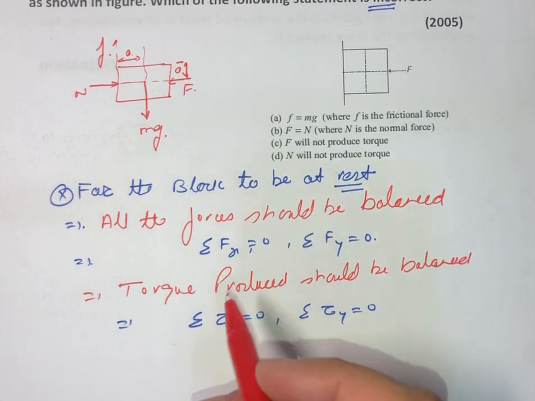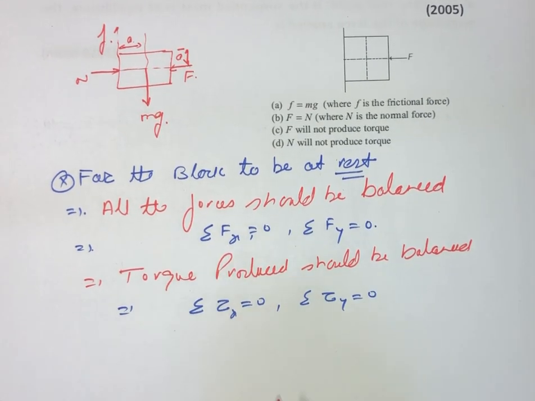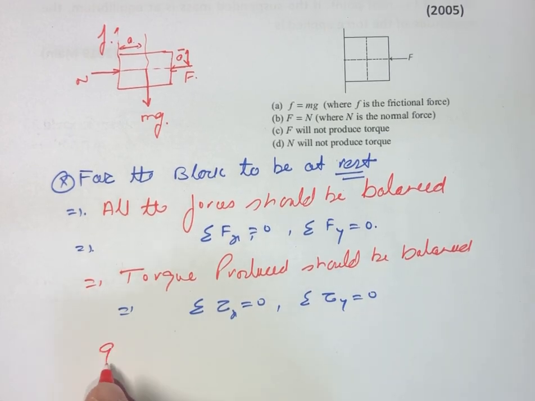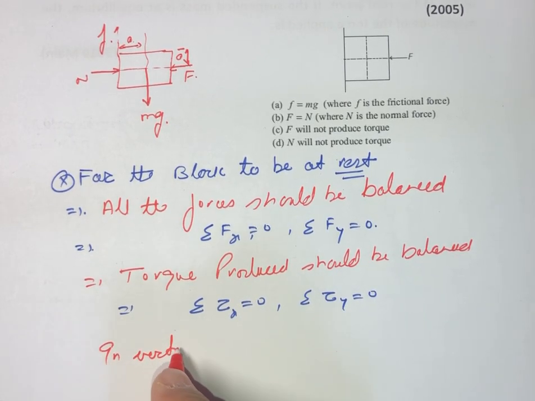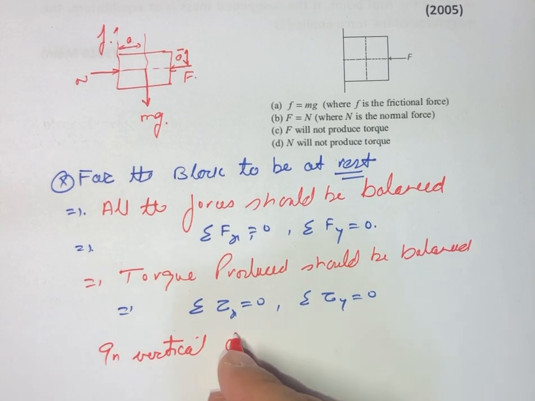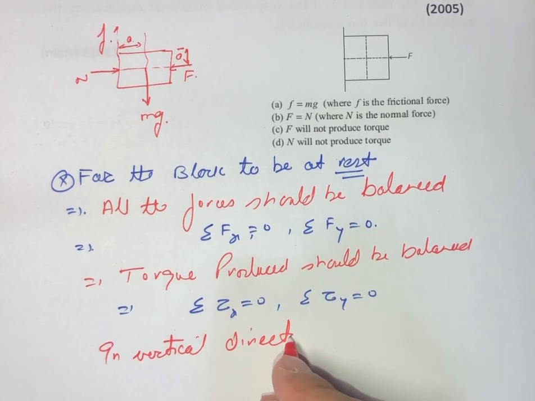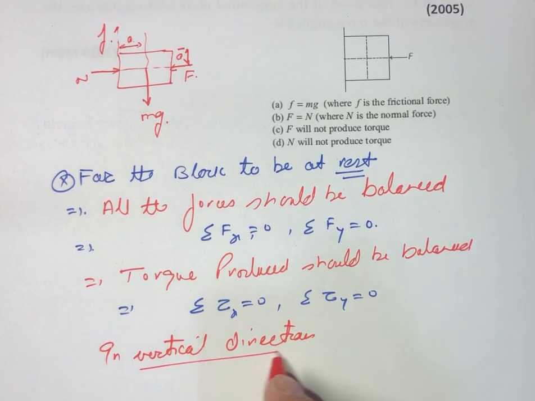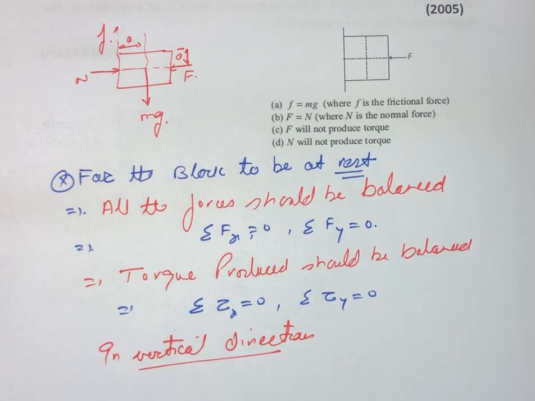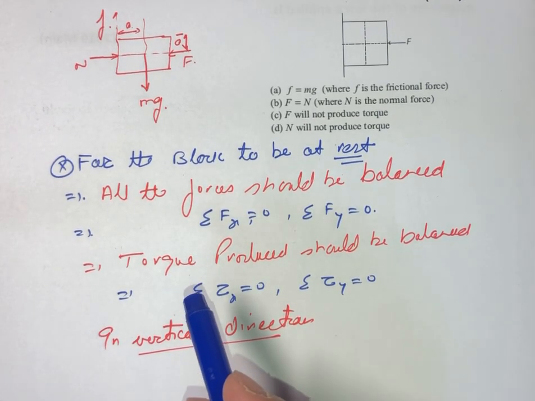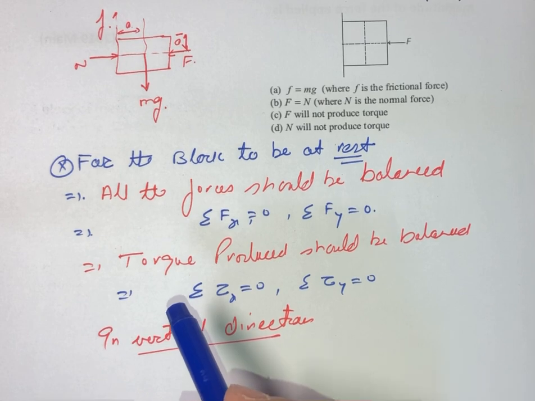So let us talk about the forces first. In the vertical direction, we have mg in the downward direction and friction f in the upward direction.